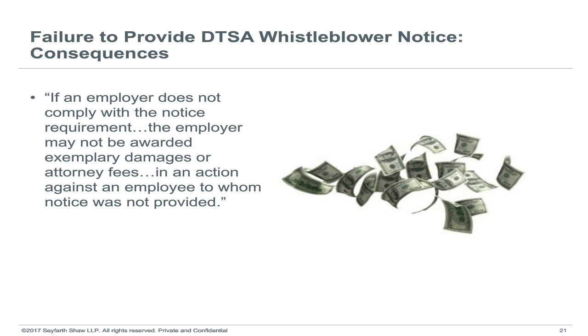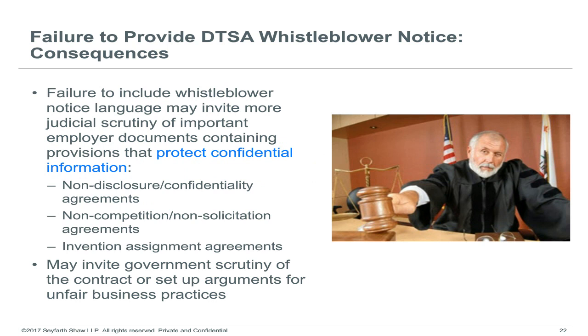But I think, and as we go to the next slide, I think there's going to be some more practical consequences if you do not include the whistleblower immunity language. And I think what those practical consequences are is that courts will view your agreement as outdated and as something that's not top of the line, something that's not in compliance with all applicable laws.